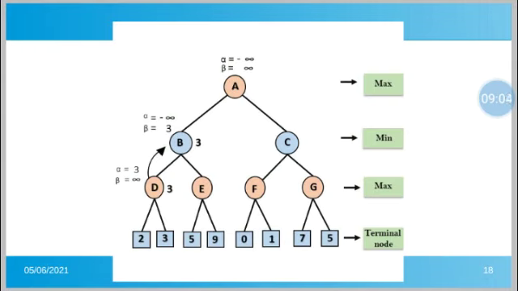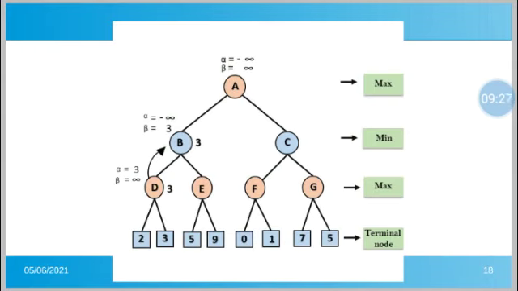So at B, there is a minimizer, it will check the minimum value between D and E. At D the value is 3, and at E the value is 9, because at E there is a maximizer, and the maximizer had chosen 9 as the max value. So now beta will choose the minimum between D and E. The value of E is 9 and the value of D is 3.